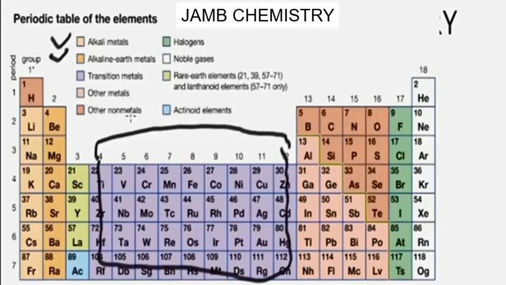They have peculiar features. Just know that they are called transition metals. We'll look into them when we get to talk about metals and non-metals. For now, know that the elements in this color refer to transition metals.